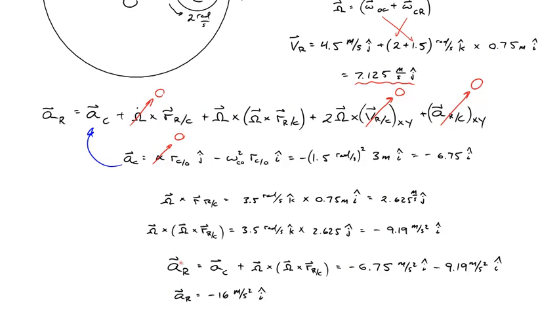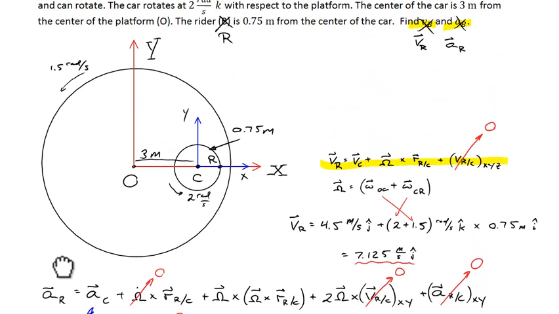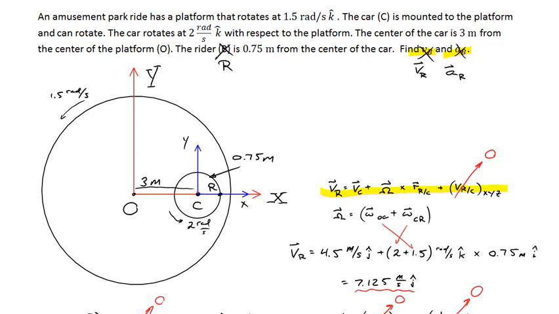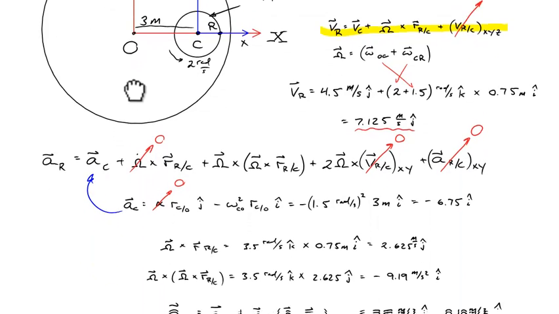So the acceleration in the r direction is simply negative 6.75 minus 9.19, or a final value of negative 16 meters per second squared in the I hat direction. So what I want you to try is to work this problem not with the axes set up here, but with the other case in which I worked in class, in which the blue axes are located at point O, and the blue axes simply rotate with point C. In that case, you'll come up with the same answers, but you'll cross off a couple of different terms.